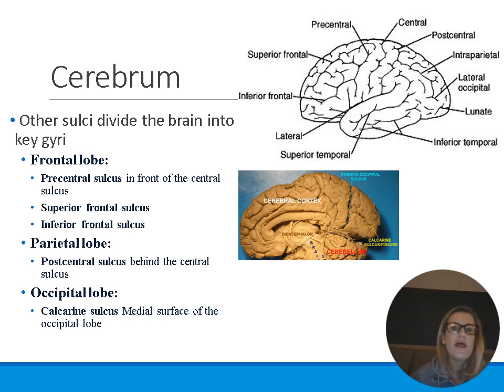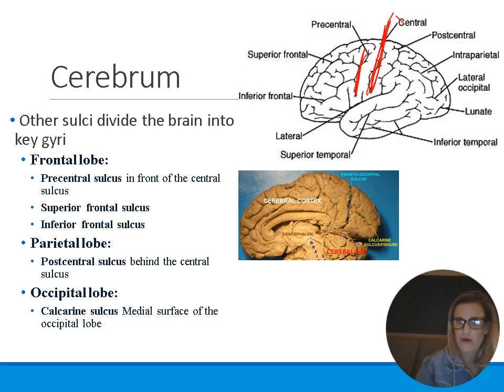So in the frontal lobe, the precentral sulcus is the sulcus in front of the central sulcus. So for example, this is the central sulcus. The next groove up is the precentral sulcus. Then we have the superior frontal sulcus and the inferior frontal sulcus. So those are going this way, superior and inferior.